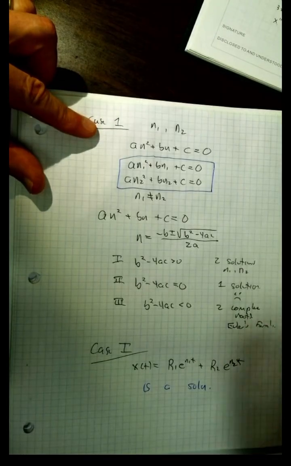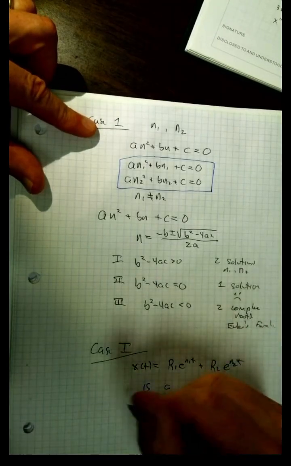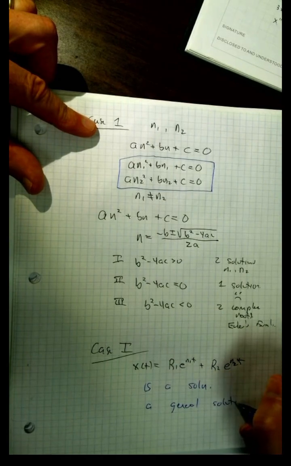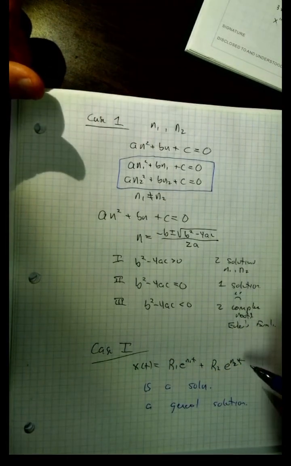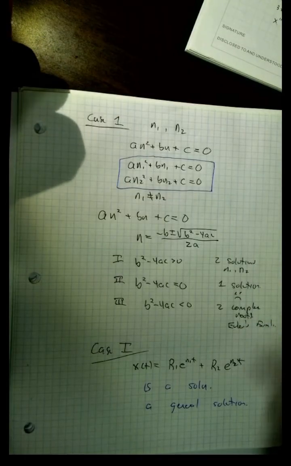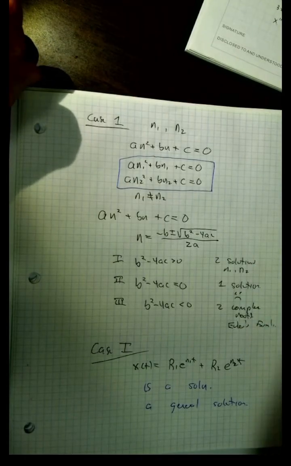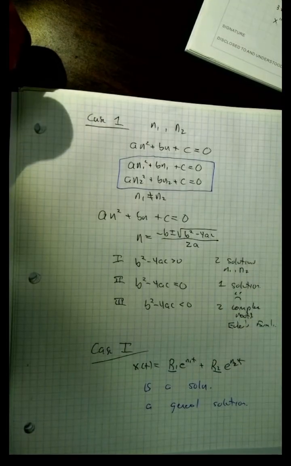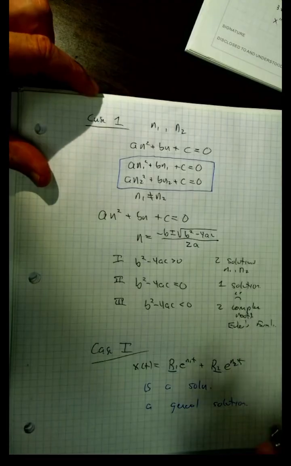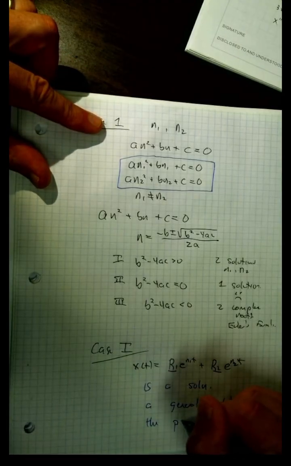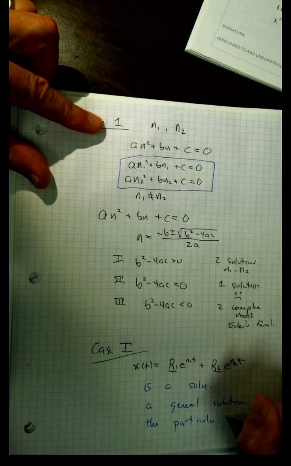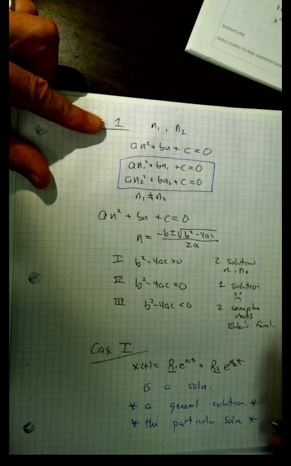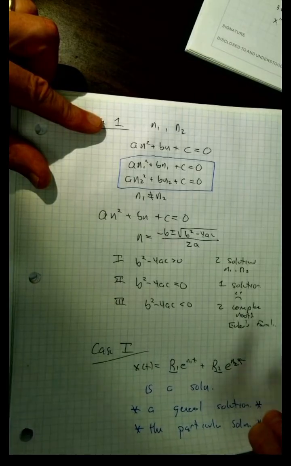By the way, in terms of nomenclature, I can say a general solution. That is the situation where we have no initial conditions. If you have initial conditions, and in this case, because there's two unknowns, we need to have two pieces of information, we'll find the solution, and that will be the particular solution.